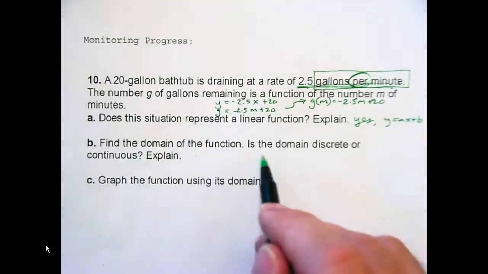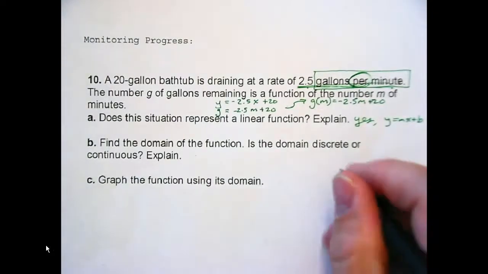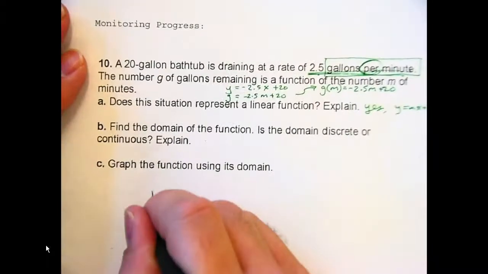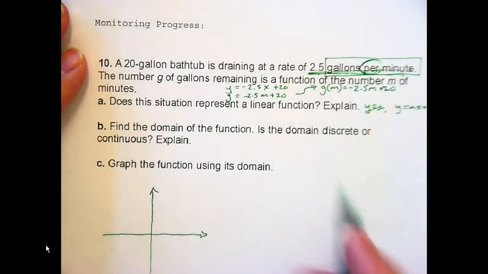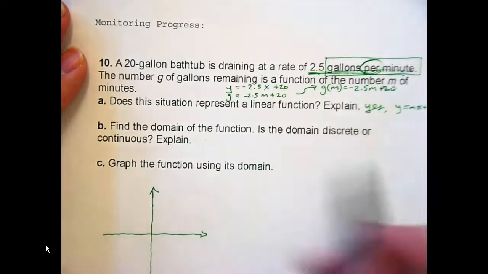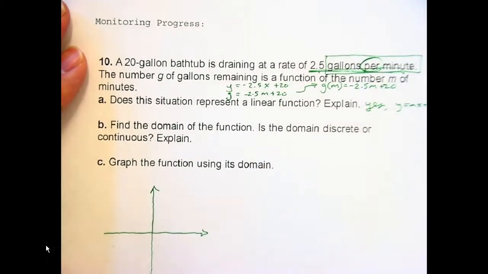Find the domain of the function. So once again, when we're thinking domain, and you guys are doing this on your quizzes, and you're trying to graph this stuff, if I have an xy axis, when I'm dealing with x, x in context of this problem is what thing? What label is x? Okay, what are my two variables?